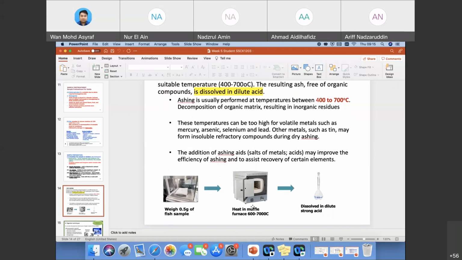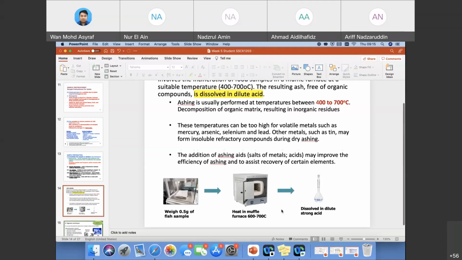We heat it in the muffle furnace at about 600 to 700 degrees Celsius, 700 I think, 7,000 would be too high. Then we dissolve it in dilute strong acid, so that the residue from the furnace, which is your inorganic analytes, is dissolved back into the dilute strong acid.